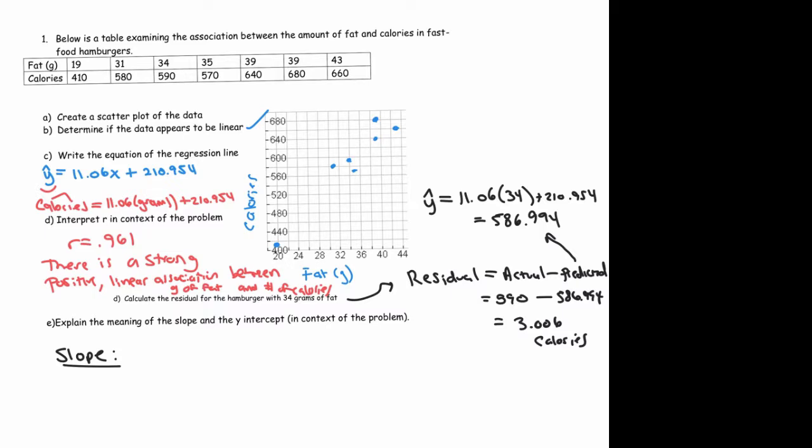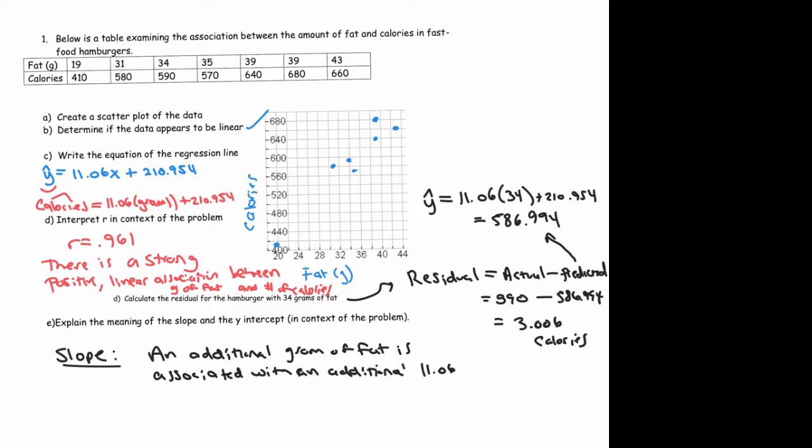Okay, so what we would say is an additional gram of fat is associated with an additional 11.06 calories. Okay, according to our model.